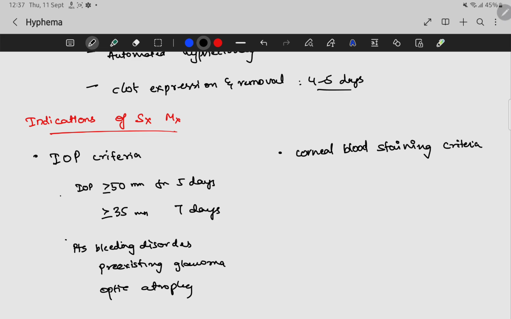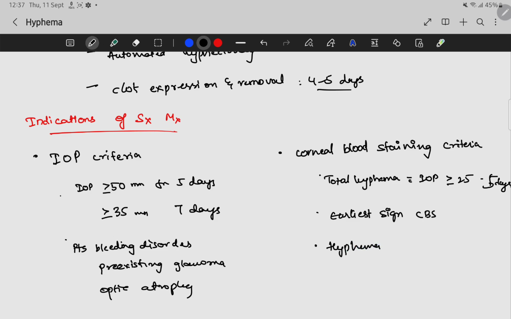Coming to the corneal blood staining criteria, in case of total hyphemas with IOP greater than or equal to 25 mmHg for 5 days, at the earliest sign of corneal blood staining, and in case of hyphema which fails to resolve to less than 50% of AC volume by 8 days.